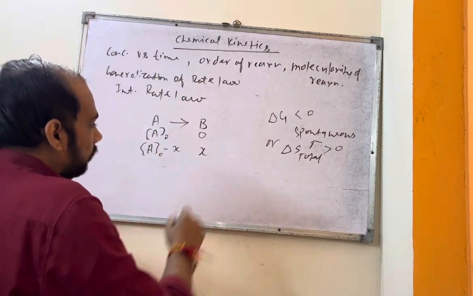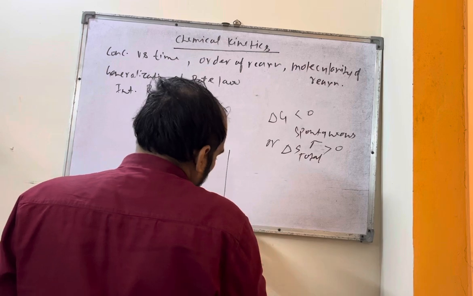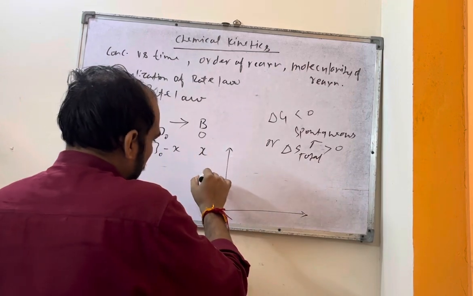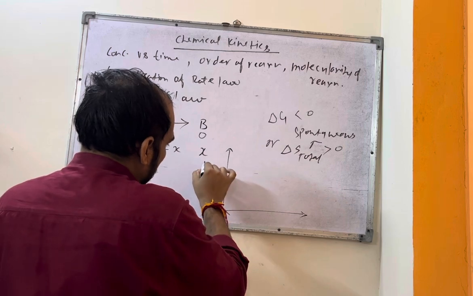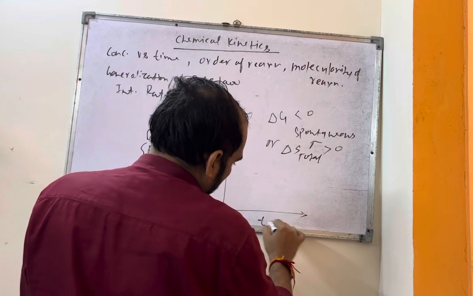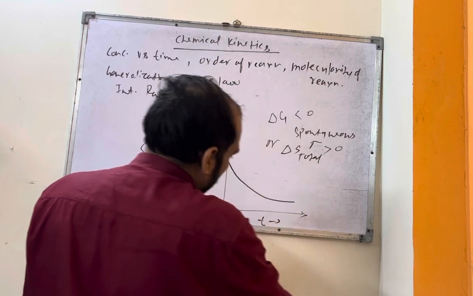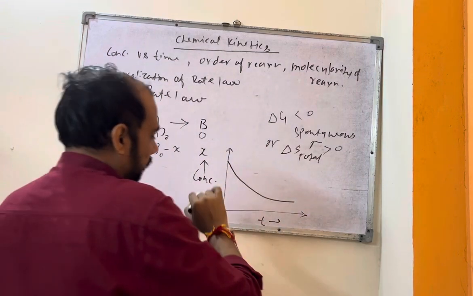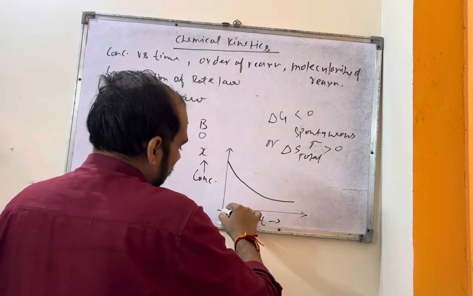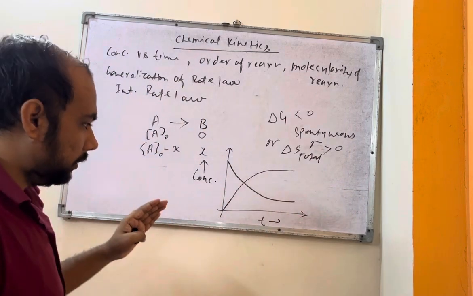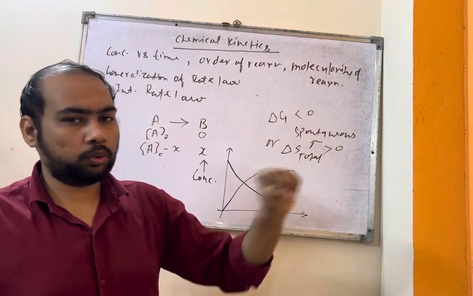So the graph which comes out looks like concentration versus time. The concentration of A looks like this, and the concentration of B is increasing and then it is going to be constant.